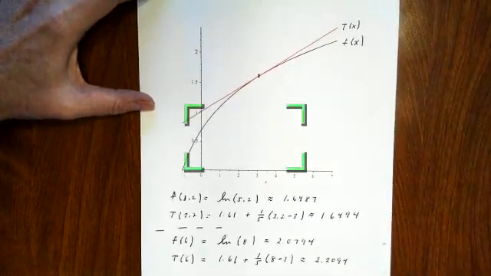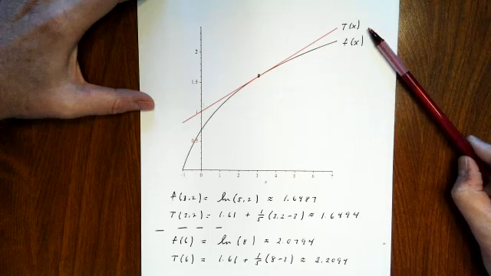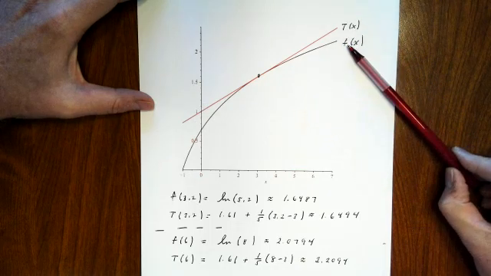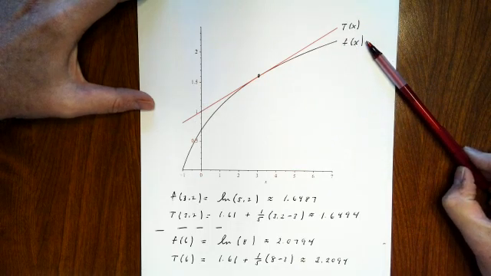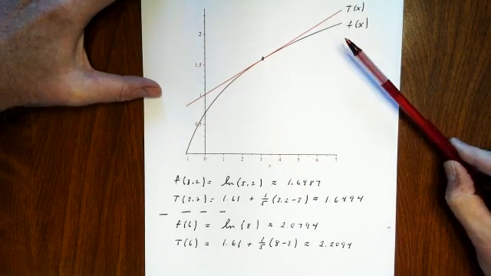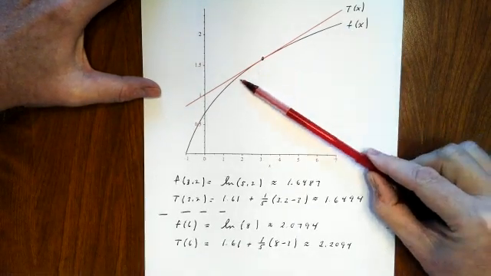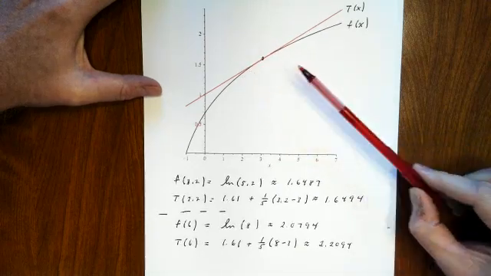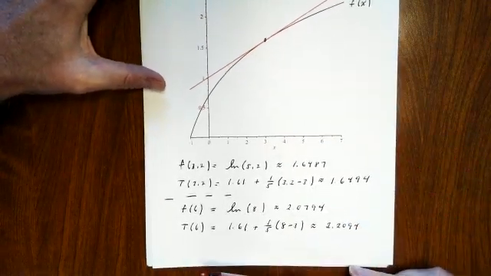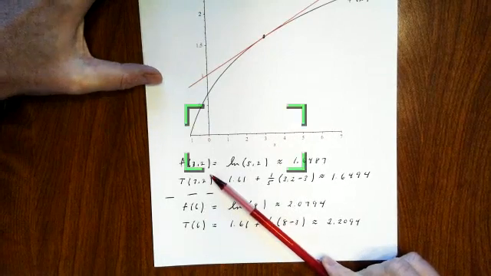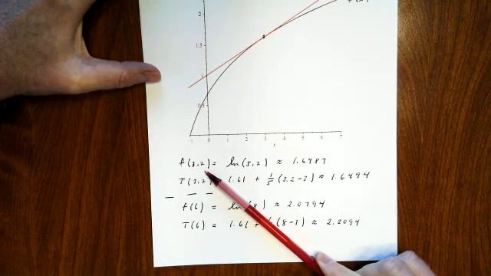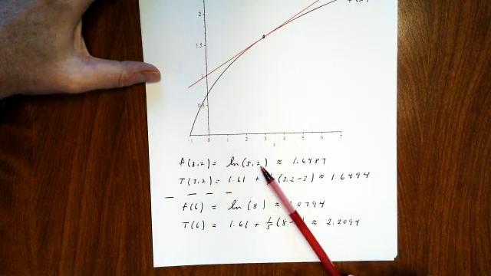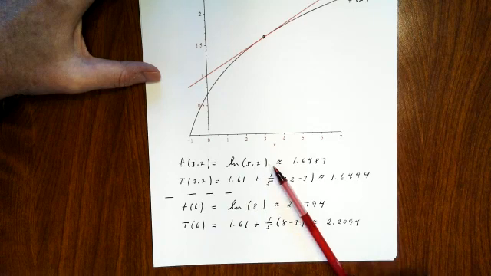Here's a graph. This is the tangent line, which is red, at least on my computer, and f of x is in black. I can use the tangent line to approximate the function near x equals 3 because the graphs are so close to one another. For example, if I look at f of 3.2, that's the natural log of 5.2, using the formula for f.